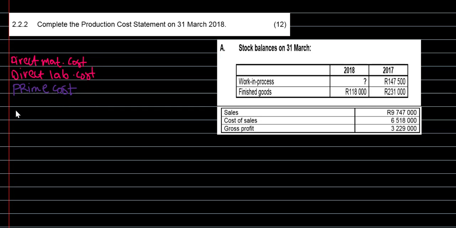Now we're going to add our factory overheads on top of the prime cost. Plus factory overheads. Once we add these factory overheads, let's just put in our monies there, if we still remember them.